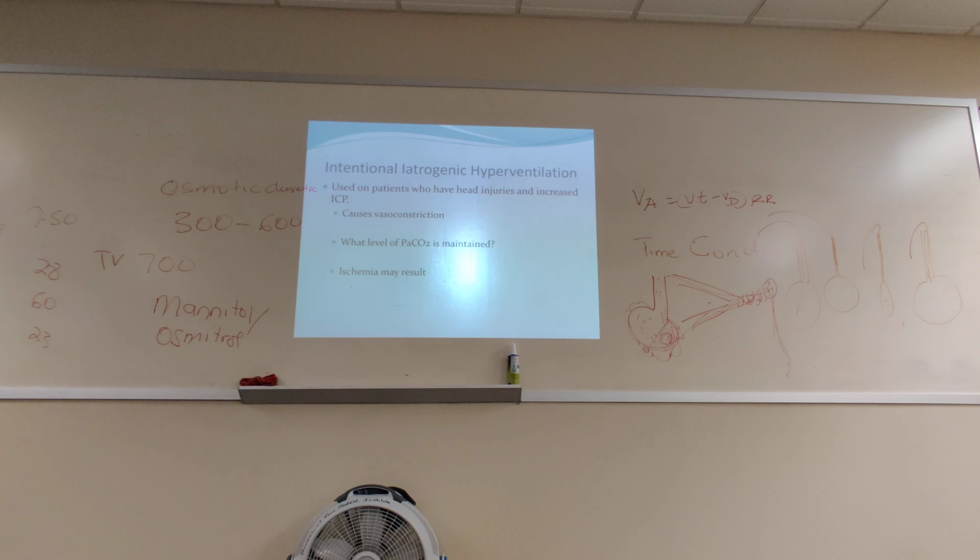So in fixing the ICP, we want to make sure that the patient's PaO2 is 90. We want to maintain whatever amount of blood is going to the brain, no matter how small it is, we want to make sure that the PaO2 of that blood is 90. Otherwise, the patient is going to have ischemia, deprivation of oxygen in the brain tissue. Okay?